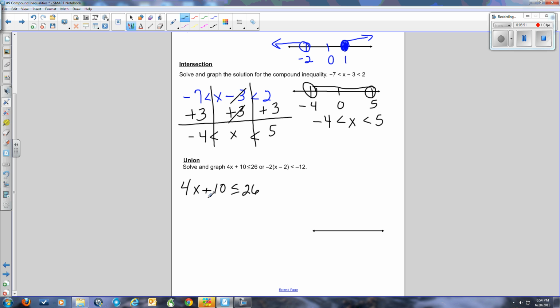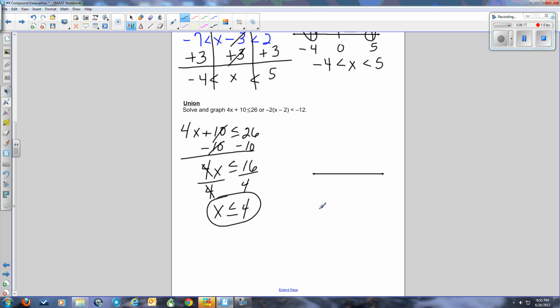We'll subtract 10 from each side. So we end up with 4x, the 10's cancel, is less than or equal to 16. Divide each side by 4. The 4's cancel, and I have x is less than or equal to 4. All right, so there's one answer.